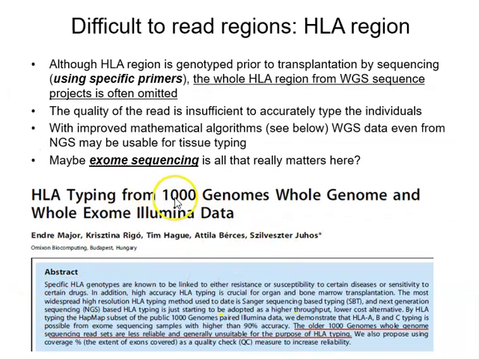This is a study from the 1000 genomes study from quite a few years ago, and it really highlights that 1,000 genomes whole genome sequencing data sets are basically unreliable and unsuitable for determining a patient's HLA type. You need to do targeted sequencing or targeted genomic mutation detection using specific primers, and in general the whole HLA region is omitted from lots of whole genome sequencing projects.